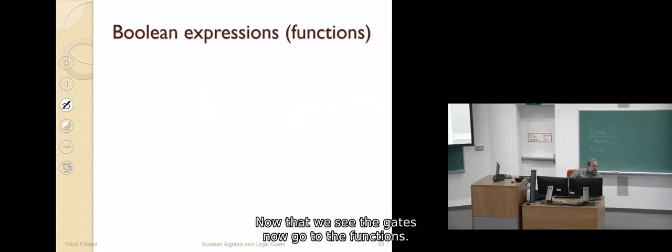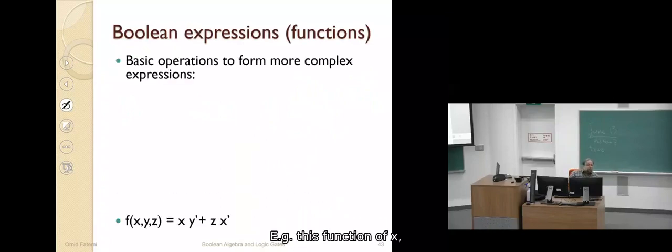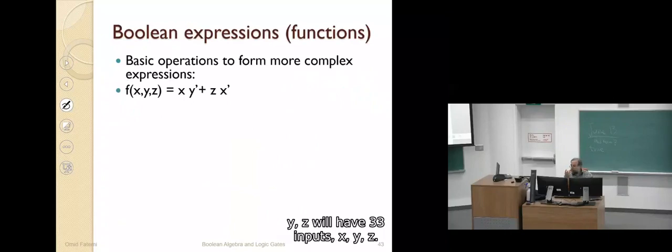Now that we have seen the gates, let's go to the functions. You have already seen lots of functions. For example, this one, a function of x, y, z. We have three inputs, x, y, z, and the result, the function, would be x y prime plus z x prime.